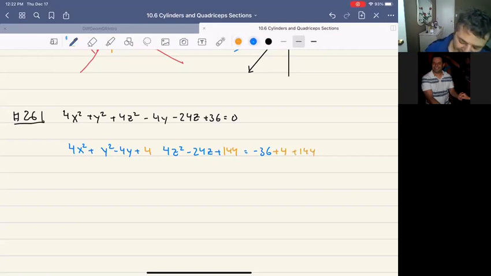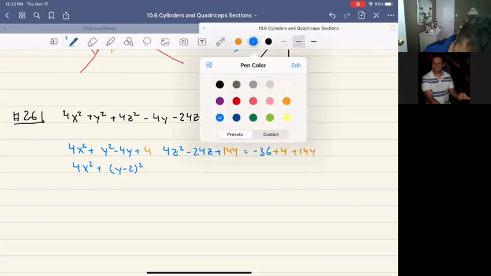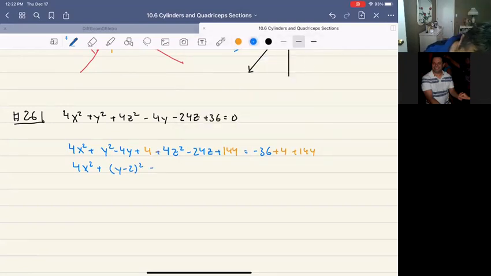Okay, so I get 4x squared plus y minus 2 squared, should have been a plus here, plus, should have probably taken that 4 out first. Let's do that before I complete the square.